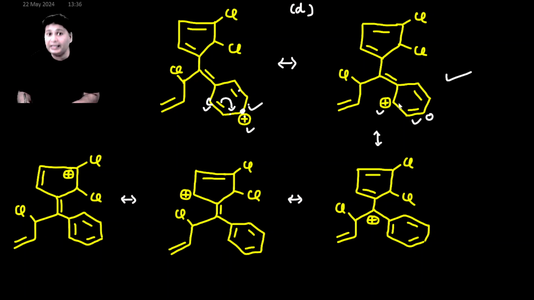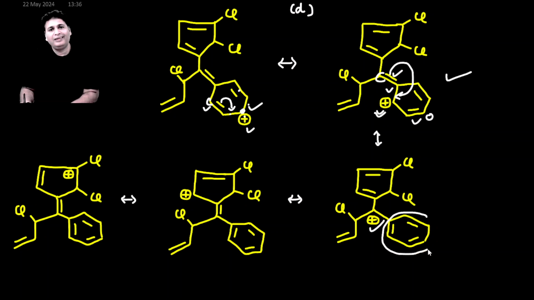After this, you again see a possibility: plus, single, double. You can bring this pi bond here one position ahead, and as it comes, it brings a plus charge on this carbon. You can see the middle carbon has got a plus charge, and this pi bond has shifted into the ring, and it gives you something very pleasant that you can see on your screen: benzene has come.